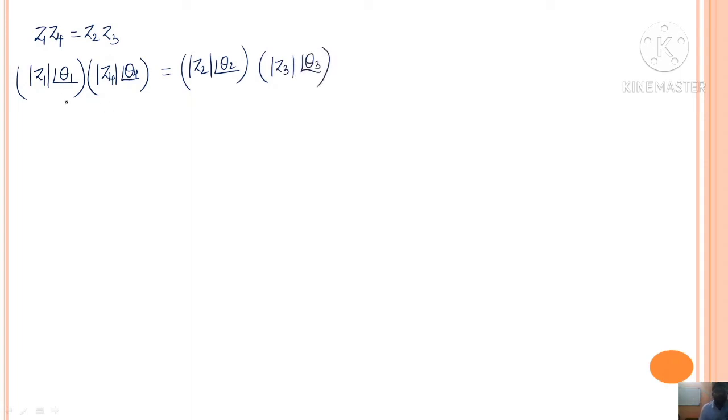Now when two complex quantities, this is one complex quantity which is expressed in polar form, this is another complex quantity which is also expressed in polar form. When two complex quantities are expressed in polar form or in rectangular form, here I am considering in polar form, then we can multiply the magnitudes.